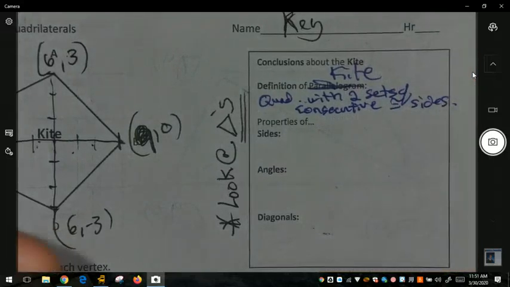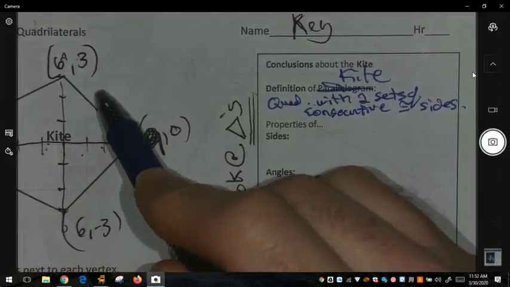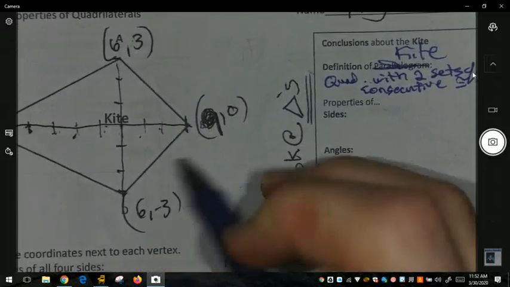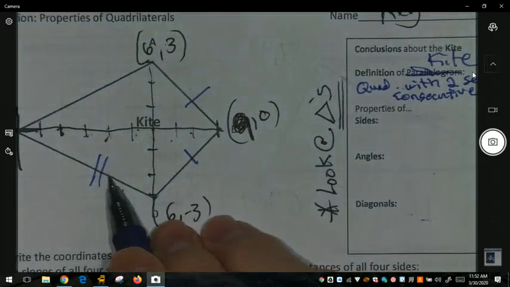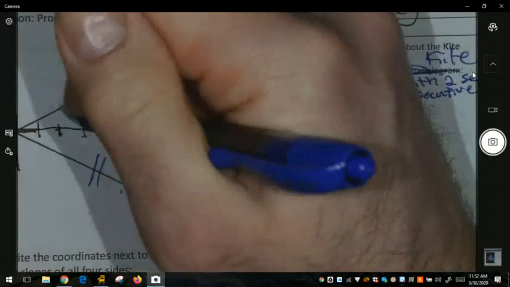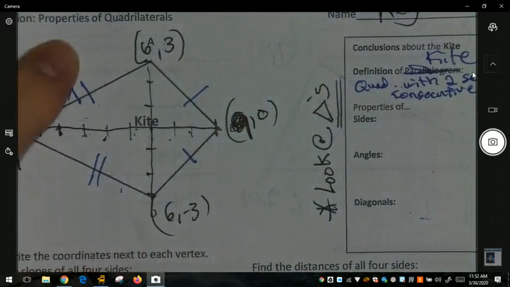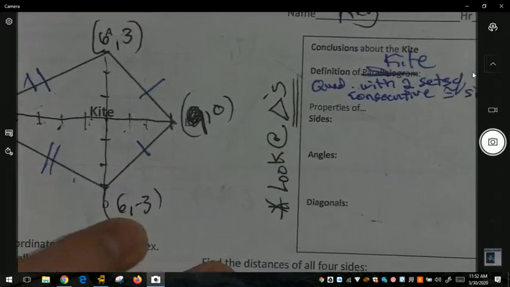So it does not mean that opposite sides are congruent. Nope. These two that touch, they're adjacent. So this one's consecutive as I go around. These two touch, they're consecutive, they are congruent. And then as I go, this one's different, but the very next one that's consecutive is also congruent to it. So we have two sets of consecutive sides.